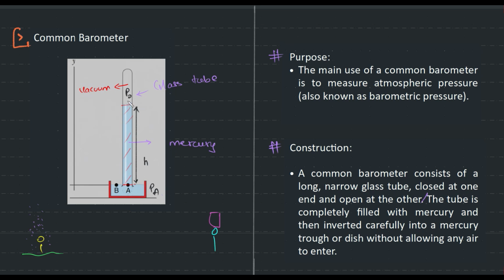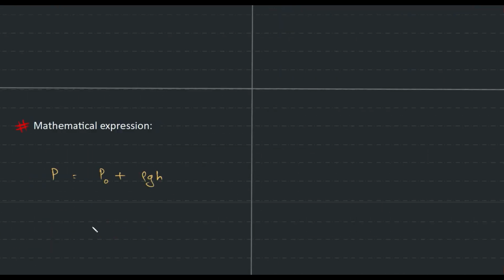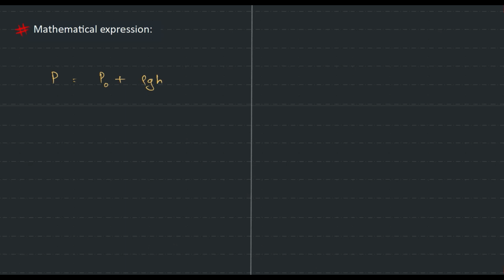And this is P naught over here. So PA is equal to P naught plus rho GH. This formula we have derived, right? But P naught is equal to 0, right? Therefore, PA is equal to rho into G into H.